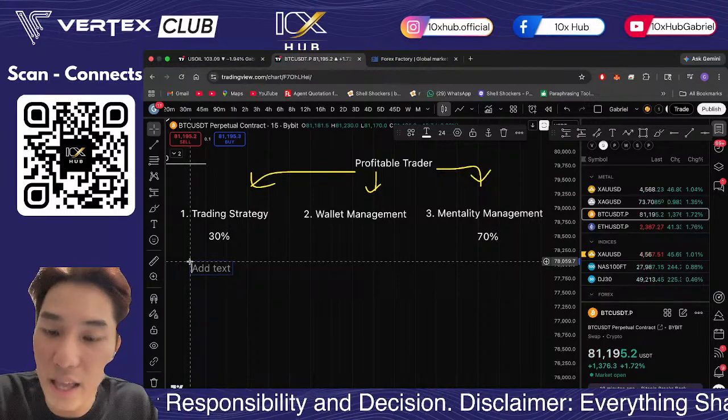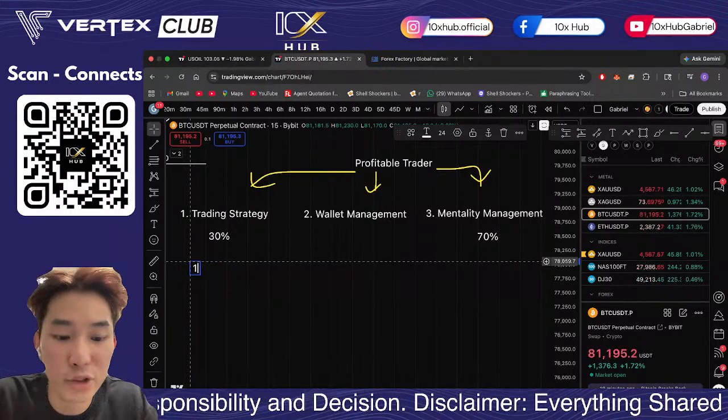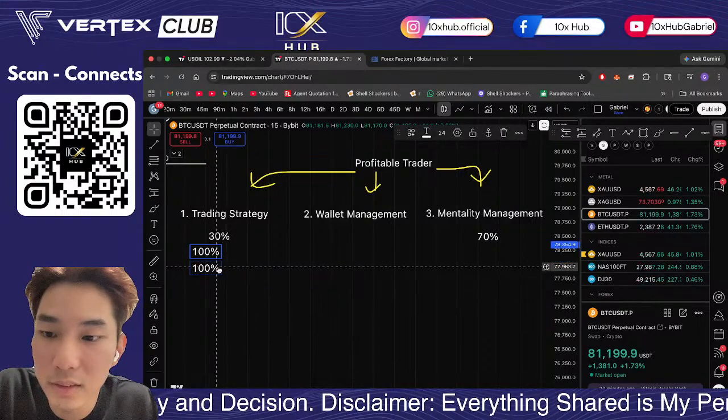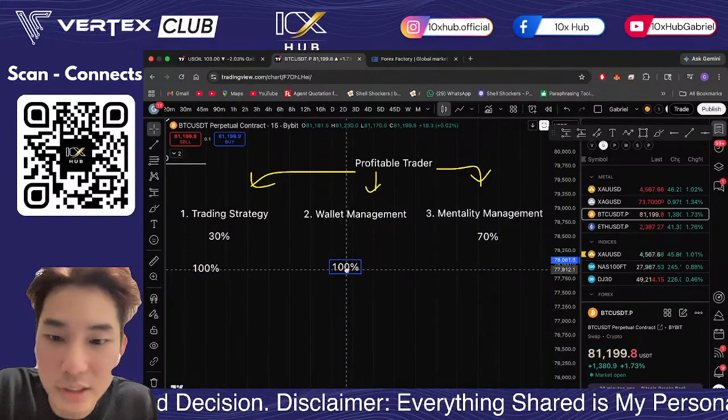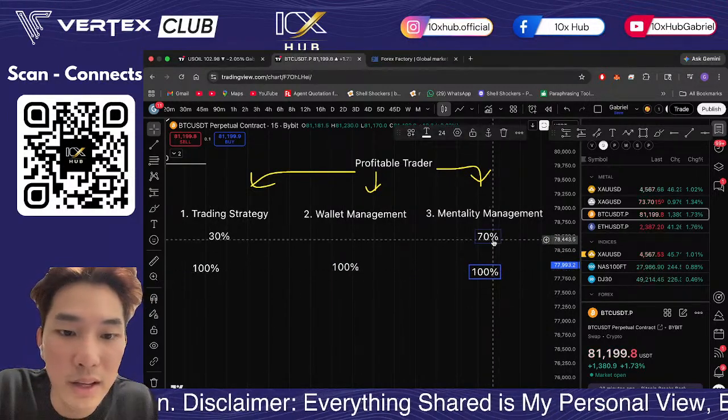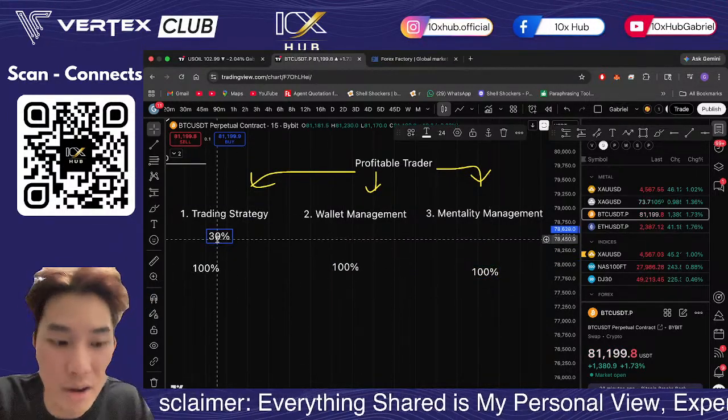Everything is important. Trading strategy is 100% important. Wallet management is also the same, very important. Mentality is also very important.